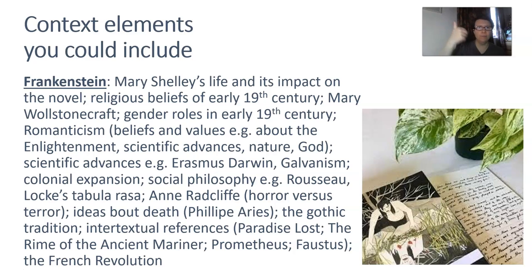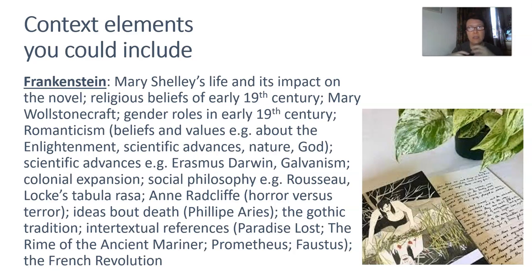So, you know, Mary Wollstonecraft, Rousseau, and the idea of the social contract and the natural man, and intertextual reference with Paradise Lost. If you only mention those 3, then you're going to show already a very limited understanding of the context.